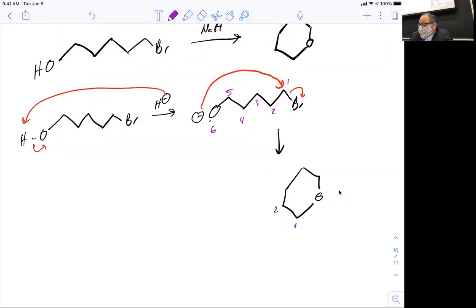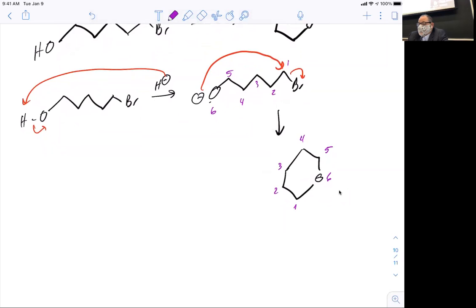So the intramolecular works pretty well for 6-membered rings, 7-membered rings, 5-membered rings. 4-membered rings don't work too much because of the stress in there. And it turns out 8-membered rings, okay, 9, a little bit difficult, right? Because it's just having a hard time finding itself.